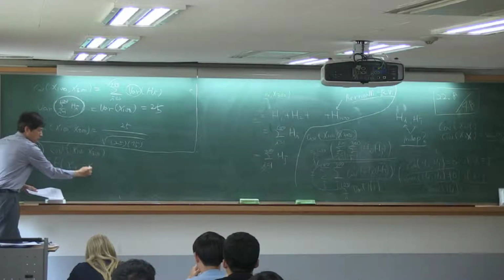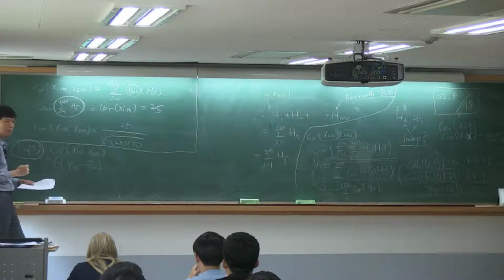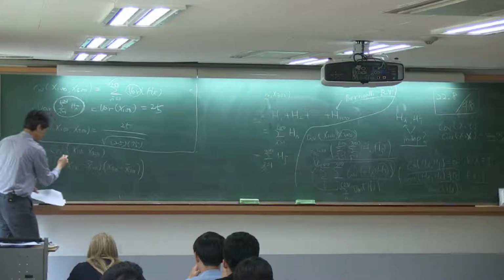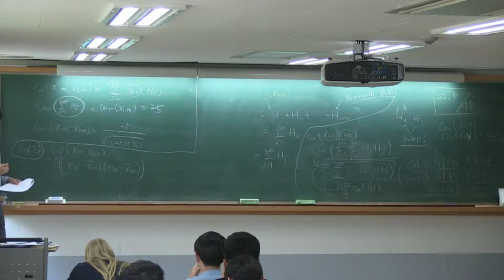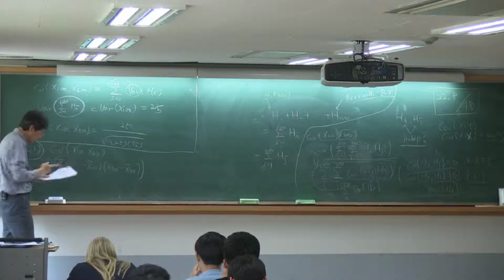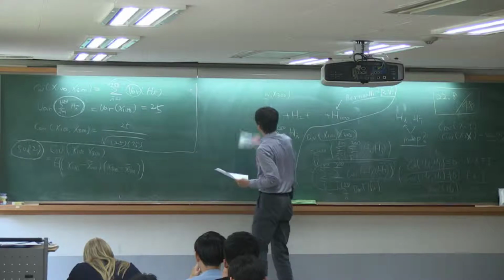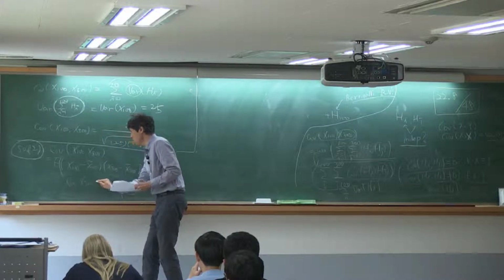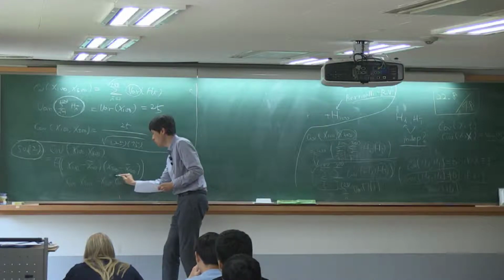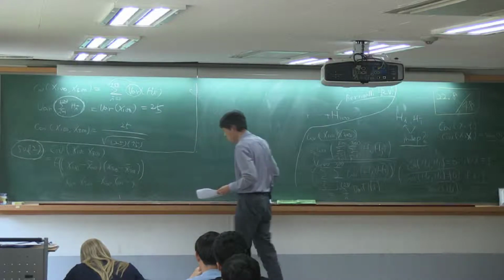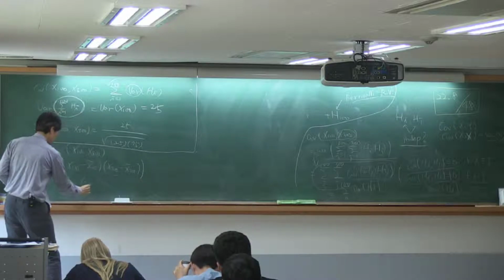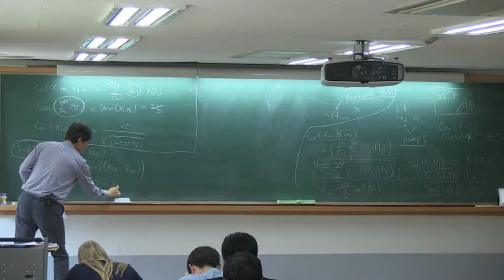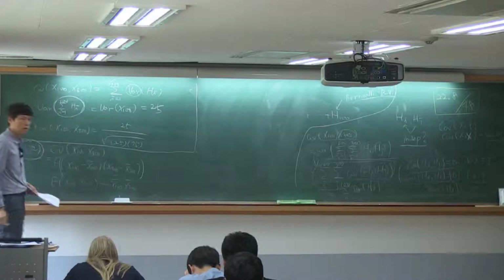X100 minus the mean of X100, and X300 minus the mean of X300, expectation. We solve it like this. If we multiply this out, it is the expectation of X100 times X300, minus the mean of X100 times the mean of X300.